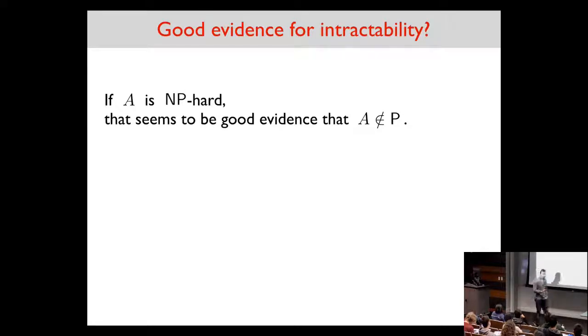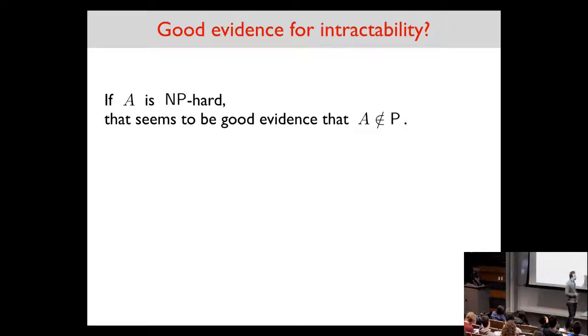Okay, so when a problem is NP hard, that seems like pretty good evidence that this problem is not in P, because it would be quite reasonable to think that NP contains some problems that are not polynomial time solvable.